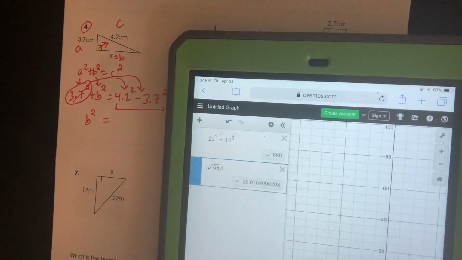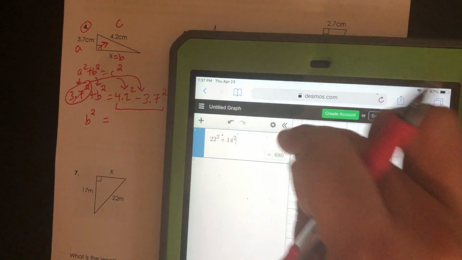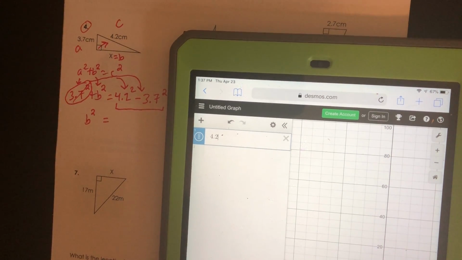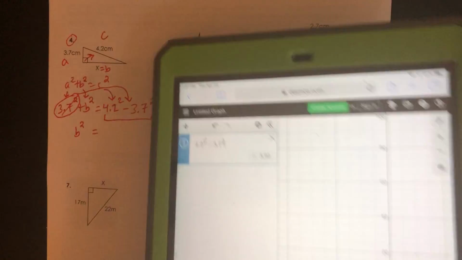So here we go. We have 4.2 squared minus 3.7 squared. And I got 3.95, okay?